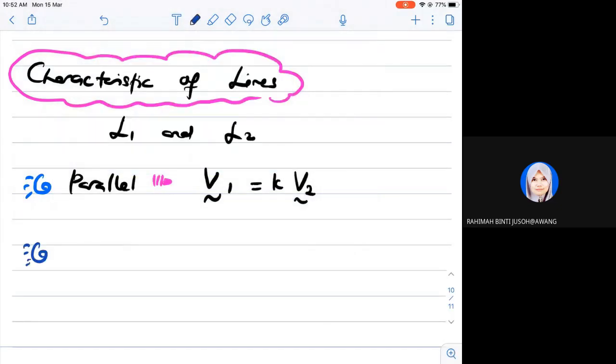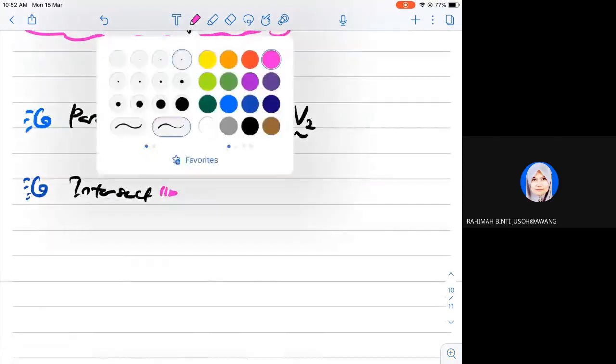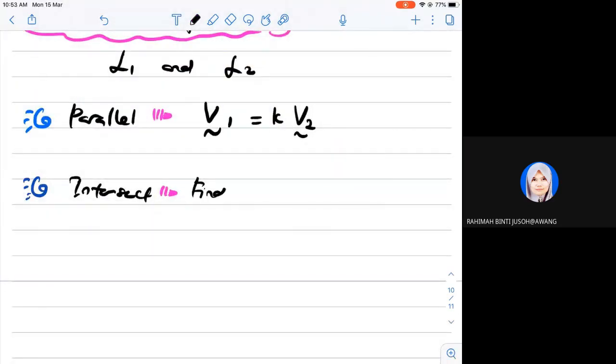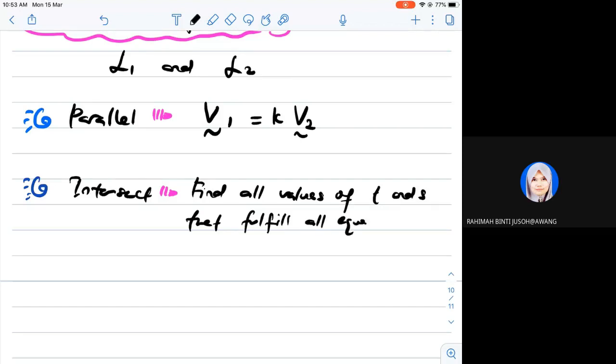Okay, next, the second case is intersect. If the first line and second line intersect, how do we know? We need to find all values of t and s that fulfill all equations.